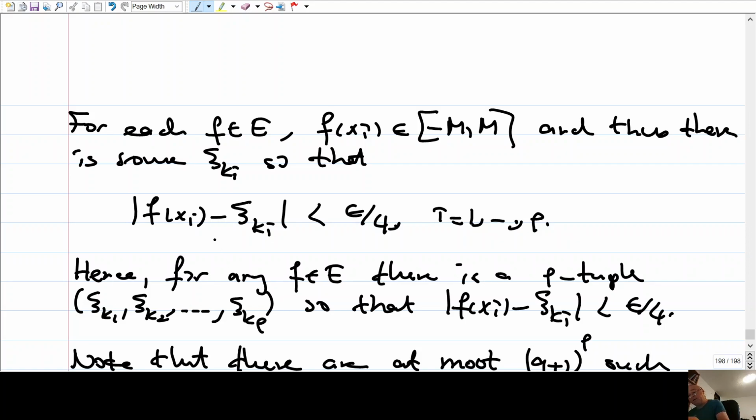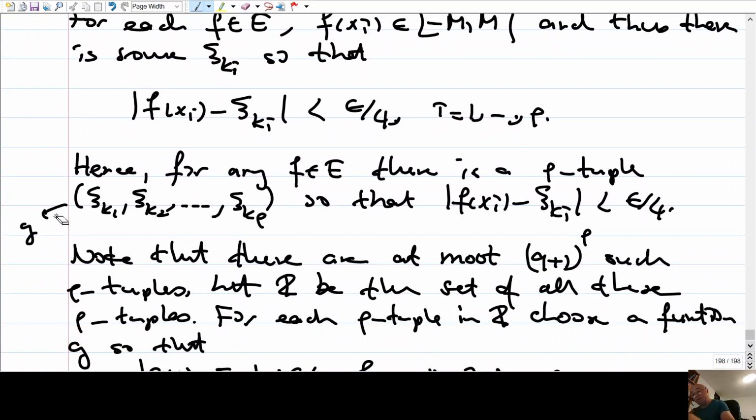And for any such rho tuple, I have another function g, so that g also satisfies the same inequality, right? So we have the following.